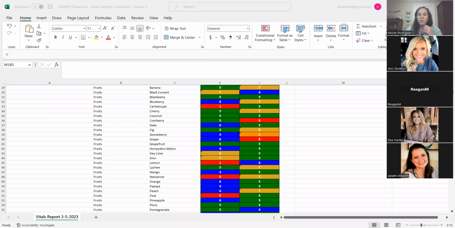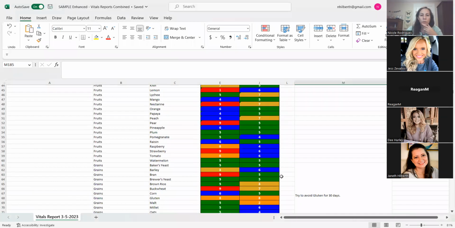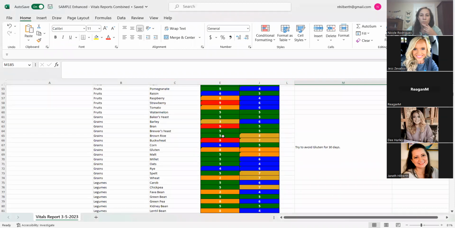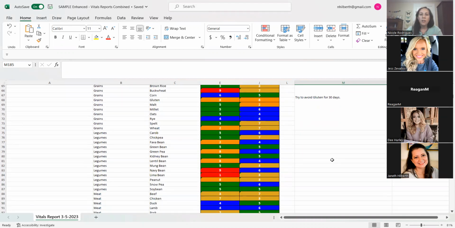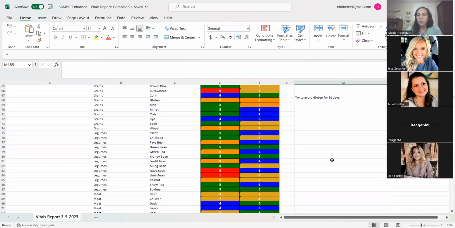As we go through this, here again, gluten was flagged in the beginning, and across the multiple scans it came up 1 in 9 many times. So I recommended he not have gluten for 30 days, as well as not having the dairy. You'll see as I get through some of the other scans why this is a recommendation.